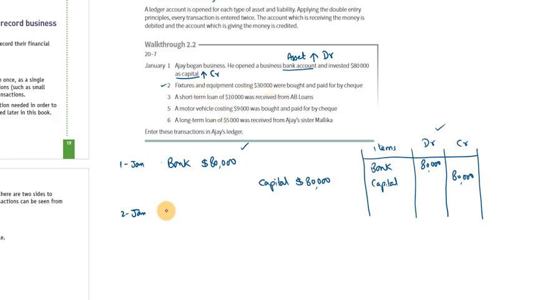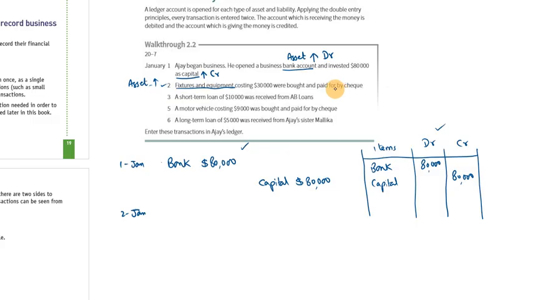So can we say this fixture and equipment is an asset? In asset purchases, it means increase in asset. The business acquired more assets, meaning assets increase in the business. How can the business purchase this asset?